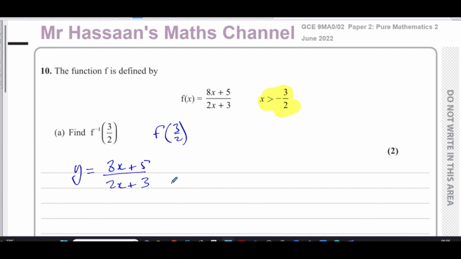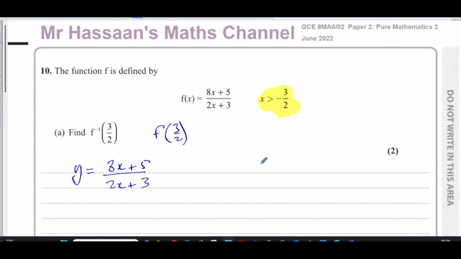When we're finding the inverse, it's like we're swapping the x and y's around. The x-axis becomes the y-axis, the y-axis becomes the x-axis. It's a reflection in the line y equals x.